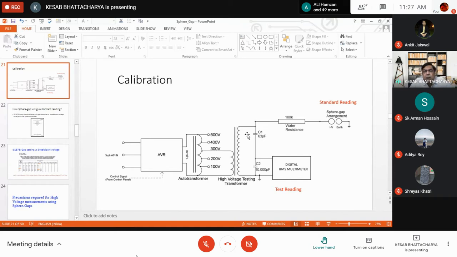Suppose the value of the voltage at this end of the transformer is V kV RMS.